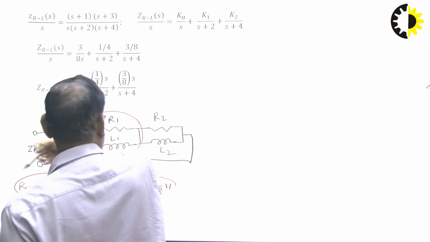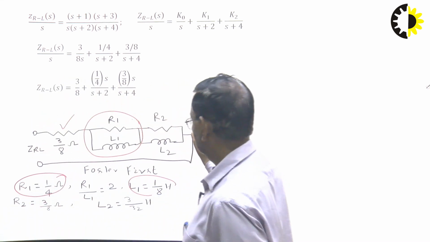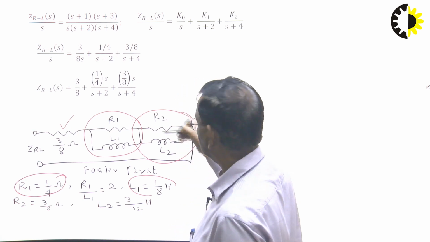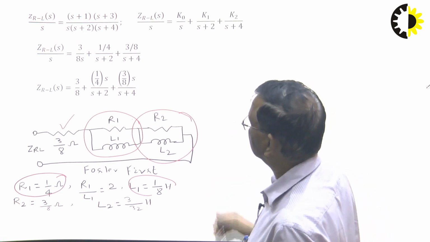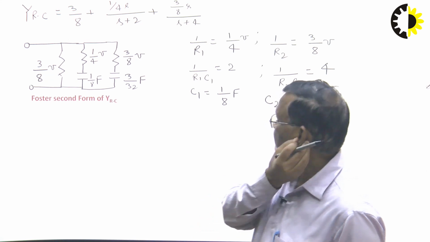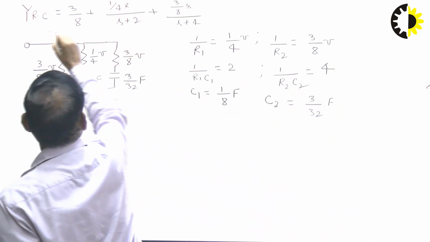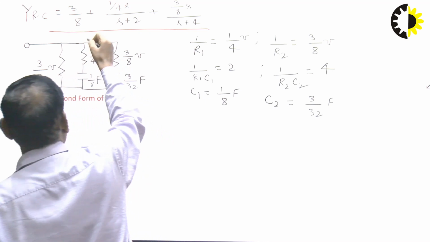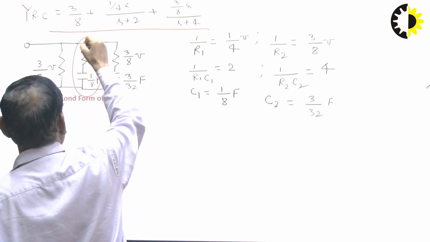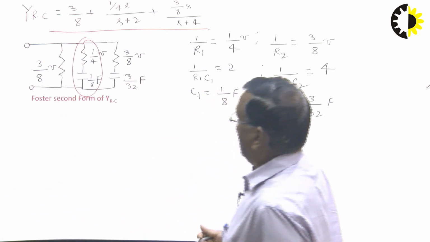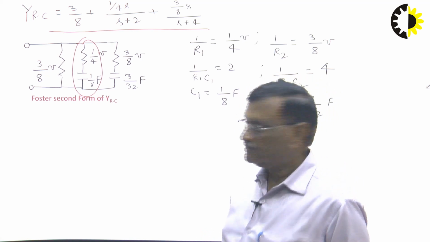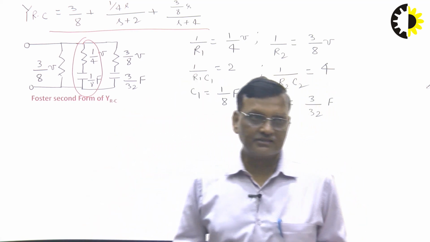In the previous slides we explained, take the equivalent impedance of this and compare with this, we can get R1, R2, L2, and so on. So this way we can solve the problems. This is the partial fraction expansion, this is the RC network, find the equivalent admittance of this, compare with this, we can get the values of R1 C1, R2 C2. So this is the Foster second of YRC.